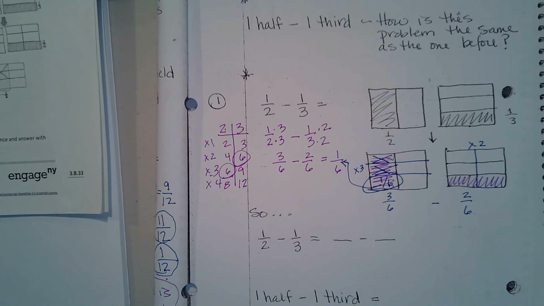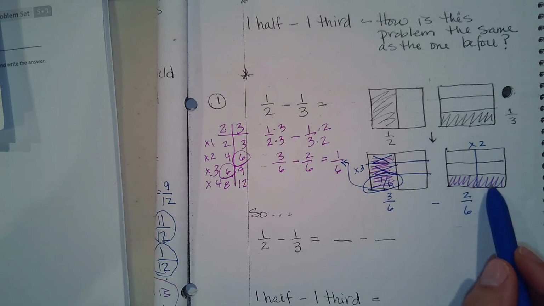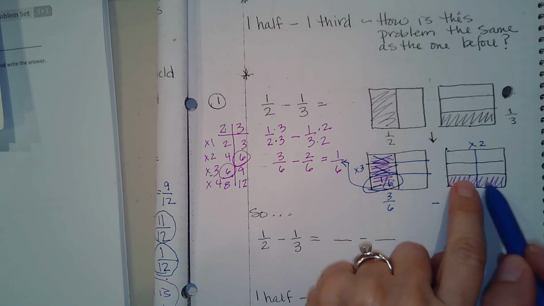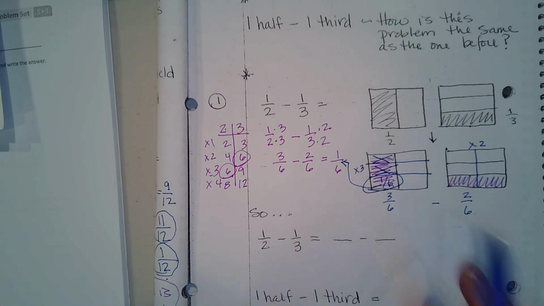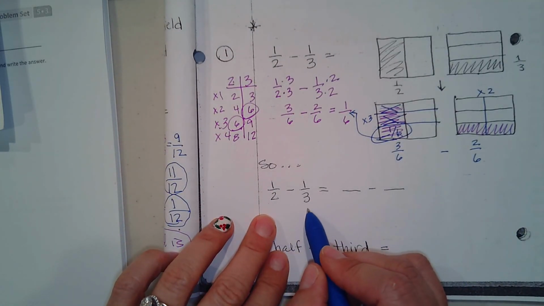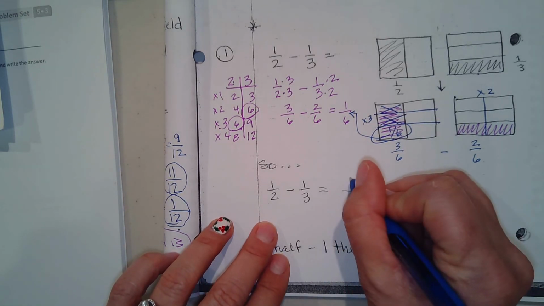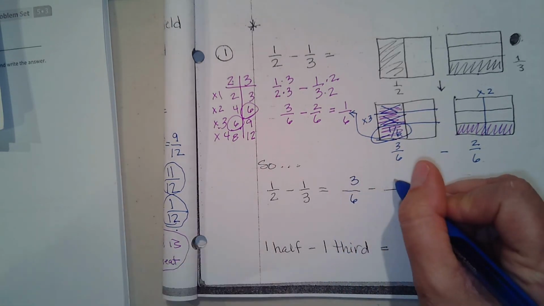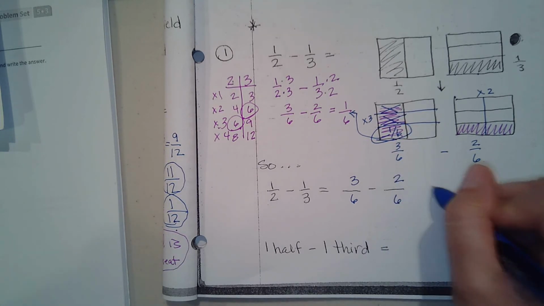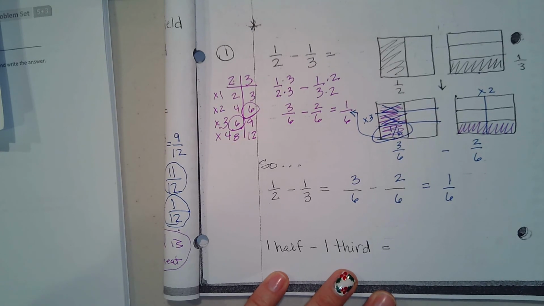Okay? So that's how we're using these rectangular fraction models. You're going to take this number away from here. So 1/2 subtract 1/3 is equal to 3/6 subtract 2/6, which is 1/6, correct?